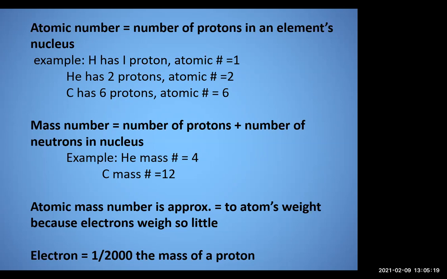For helium, it has a mass number of 4, carbon has a mass number of 12. And the atomic mass is approximately equal to the atom's weight. And the weight is composed of the number of neutrons plus protons because the electrons are not included, because they're only about 1/2000th the mass of a proton. Neutrons and protons are about the same weight.